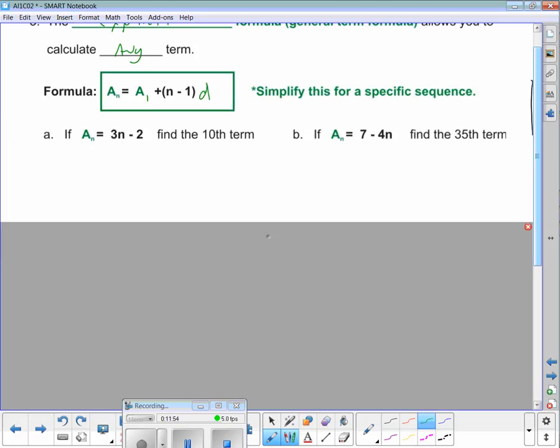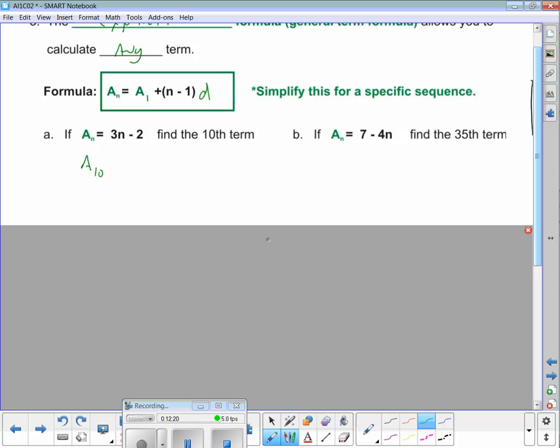Okay, here's the first example. A sub n equals 3n minus 2. Okay, this is already the specific sequence explicit formula. A sub 1 is already taken into account, and it's simplified into this. So the 10th term would be A sub 10.